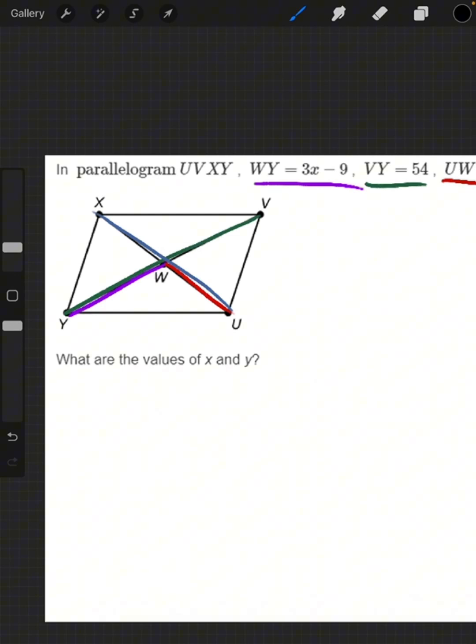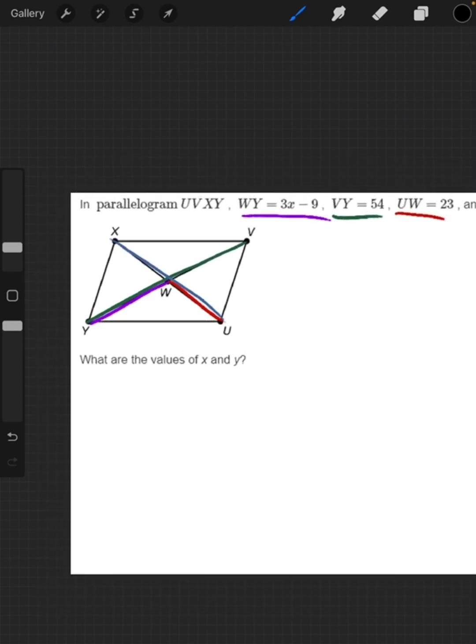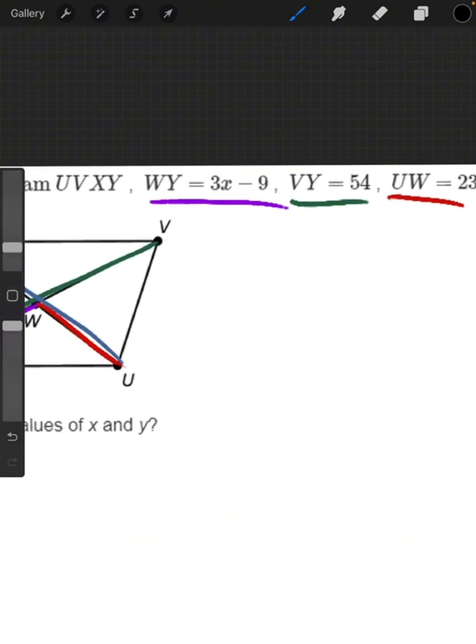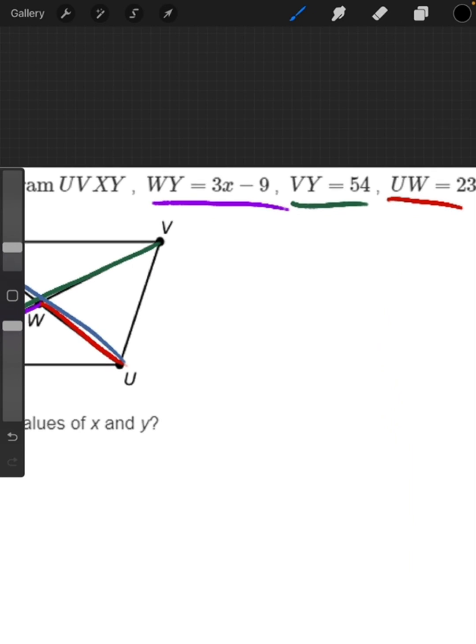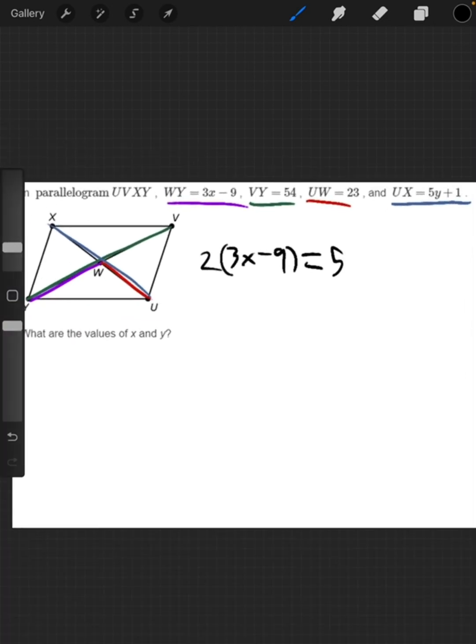WY is just half of VY. So let's see, 3x minus 9 multiplied by 2 equals 54.